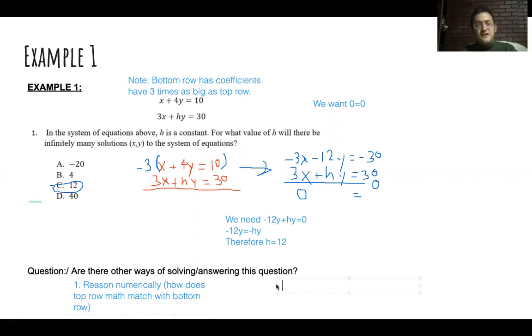And we could also test out different h values. But that does take a little bit more time. But if you find that numerical trick that we were thinking about a little confusing, I would suggest just trying out the different h values on this one.